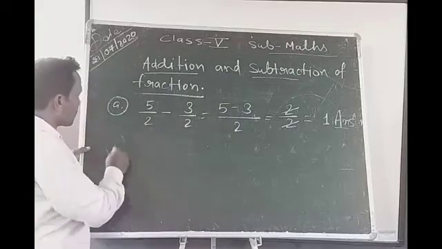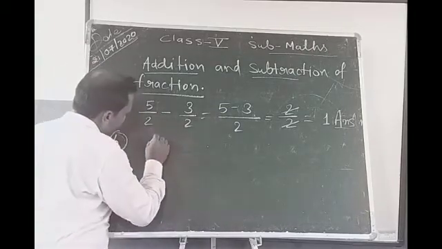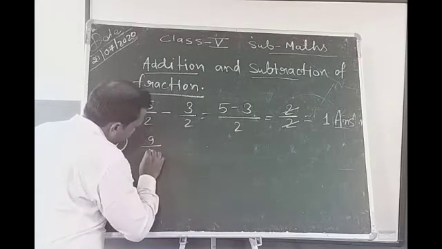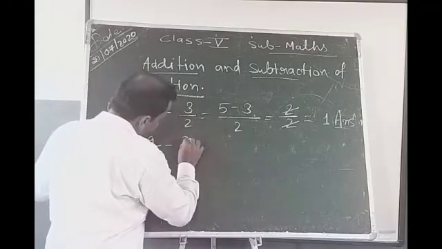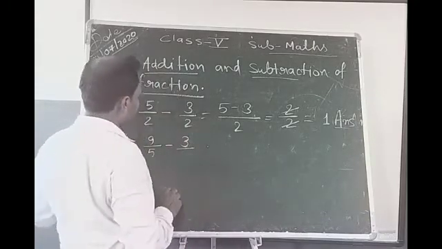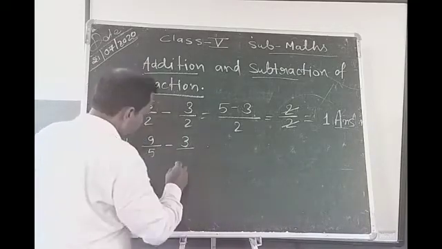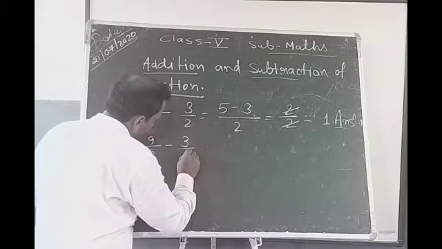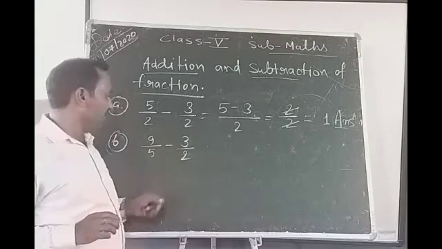Next one, question B, see here. 9 by 5 minus 3 by 2.